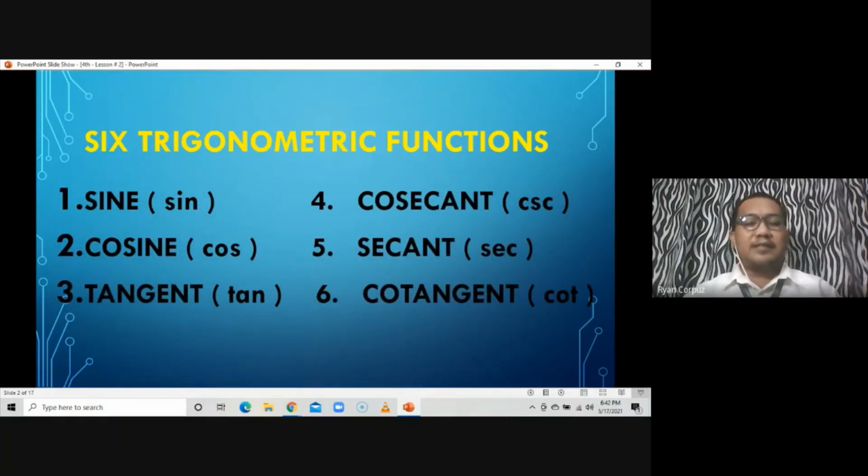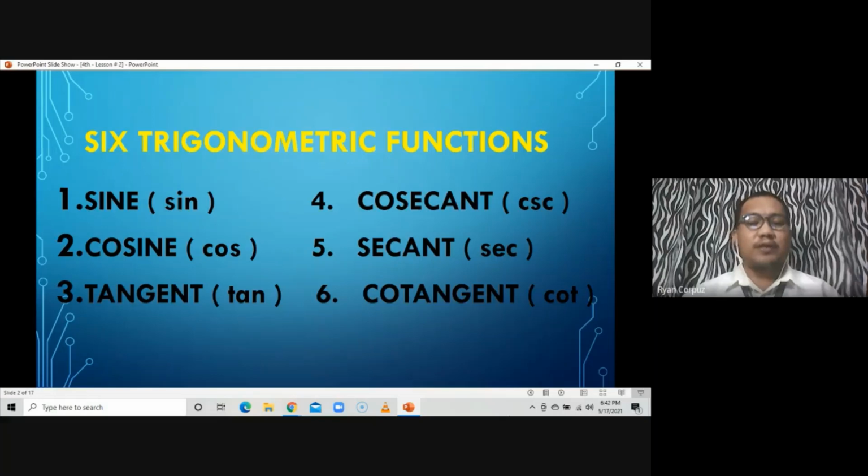Una is sine. That's sine, which uses the symbol SIN. So kung may kita nyo na calculator, may kita nyo symbol na SIN doon. So that is pertaining to the trigonometric function na sine. Number 2 is cosine.